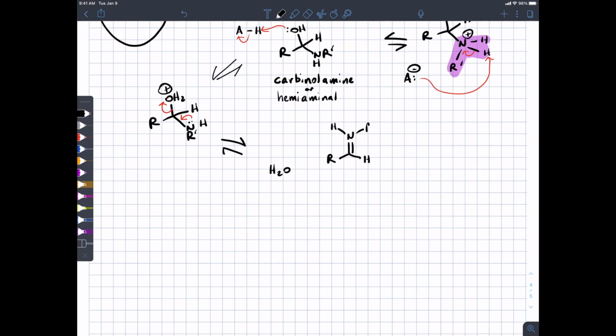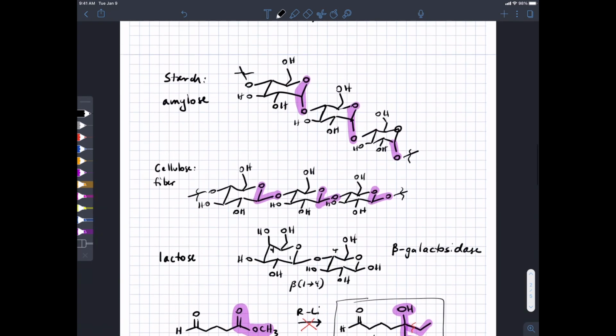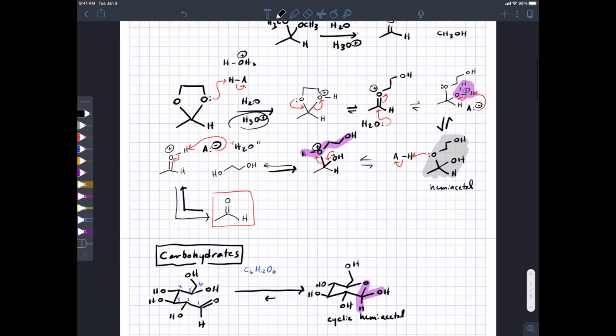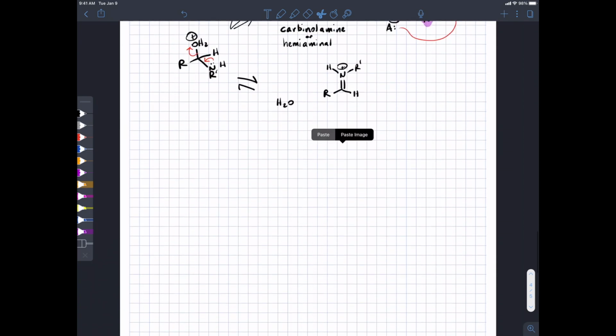This looks like an oxonium ion. It should compare directly to this intermediate in acetal formation, acetal hydrolysis. I'll erase the arrows, but you have a new carbon-nitrogen double bond here instead of a carbon-oxygen double bond, but you have a positive formal charge on nitrogen and an R group there.